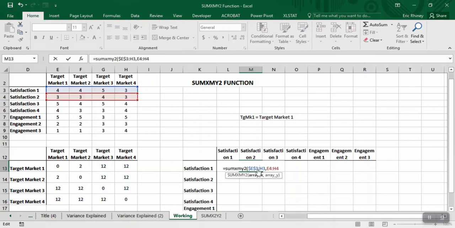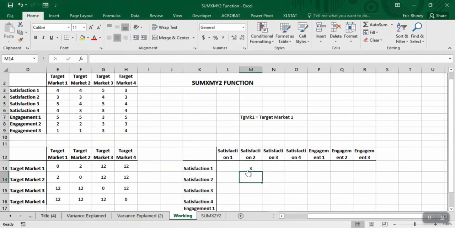Lock that in place, lock this in place. So I'm just locking these in place. All right, especially since I didn't do a name reference. If you did a name reference, it automatically locks them in place. So we can see that the difference between satisfaction 1 and satisfaction 2 gives us an overall sum of differences squared measure of 3.